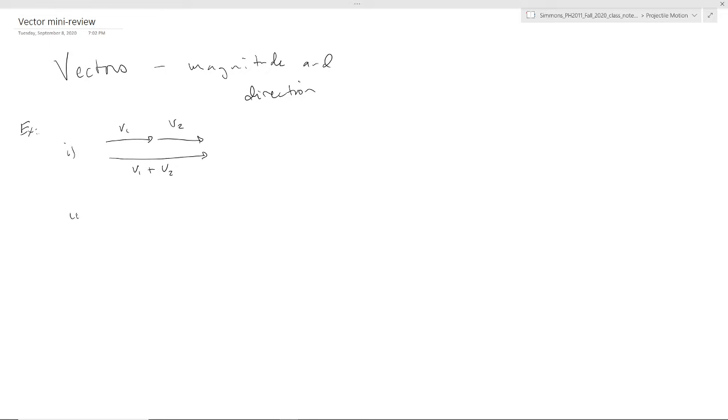You could have vectors where they're not pointed in the same direction. A real simple case would be if they're anti-parallel. Then when you add these together, these sort of cancel. So the result of adding these two vectors would be a little shorter vector.